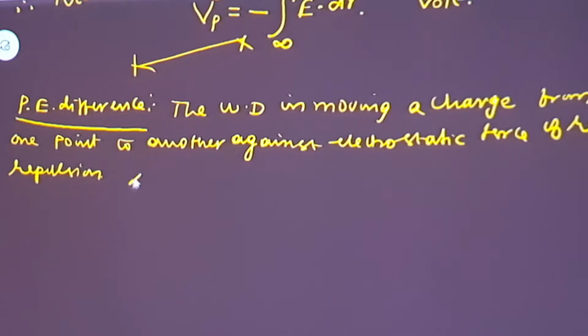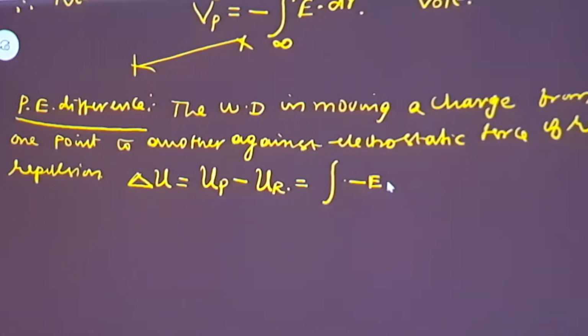This potential energy difference is represented as delta epsilon, which is equal to potential energy at the point P minus potential energy at the point R, or you can say it as integral of, because work done is integral of external force, that is minus E into Q dash multiplied with the distance dr.